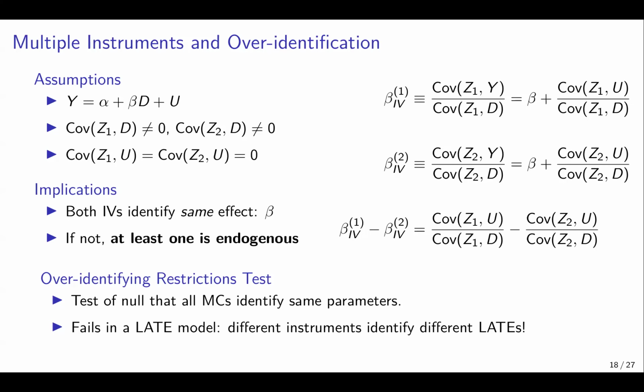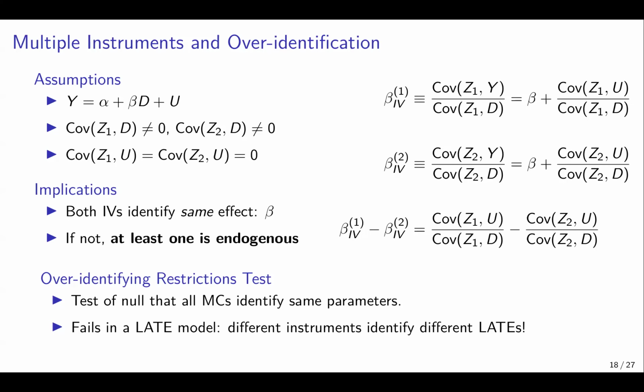Well, if both Z1 and Z2 were exogenous, then the covariance between Z1 and U would be 0, and so would the covariance between Z2 and U. So if they were both exogenous instruments, then the whole thing would collapse, and we would end up with the difference of the two IV coefficients being 0. So if it's not 0, then it cannot be the case that they are both exogenous. One or both must be endogenous.